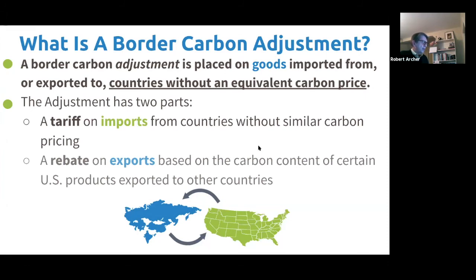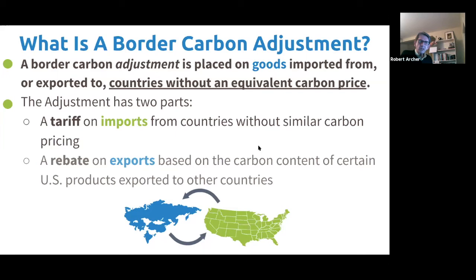A border carbon adjustment is two things. It's a tariff, basically a tax, placed on goods imported from, or a rebate on goods exported to, countries without an equivalent price on carbon. The tariff and rebate are based upon the carbon content of the goods imported and exported.